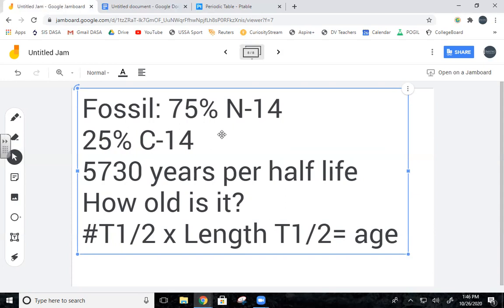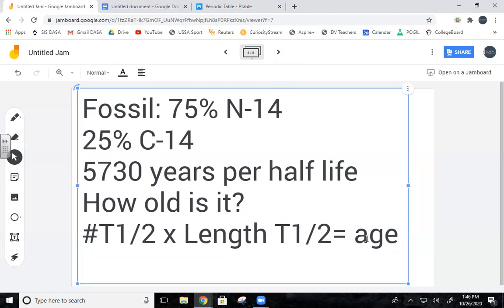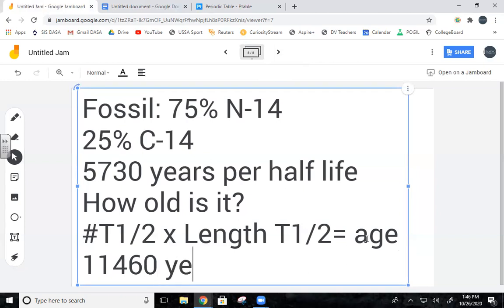Okay. Do you see how this works more or less? Yes? Okay. Let's give you another problem here. This one is just slightly more complex. Okay, I got the right answer this time. The correct answer for the age of this is 11,460 years.